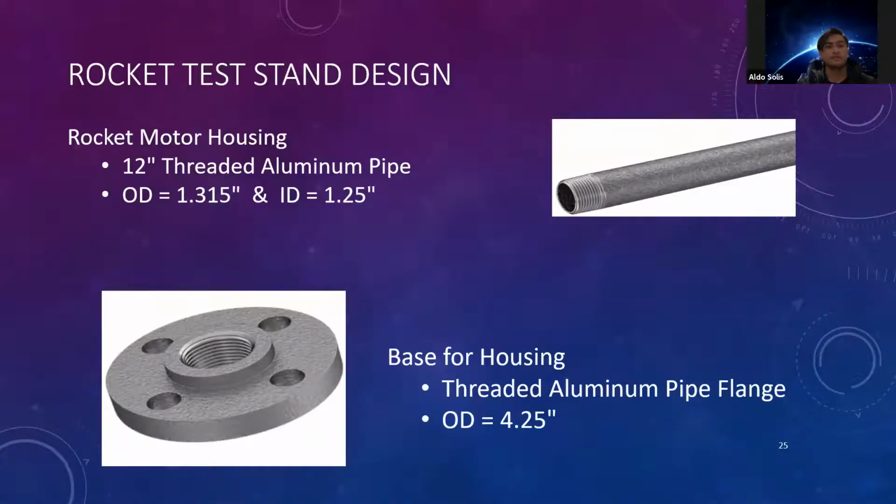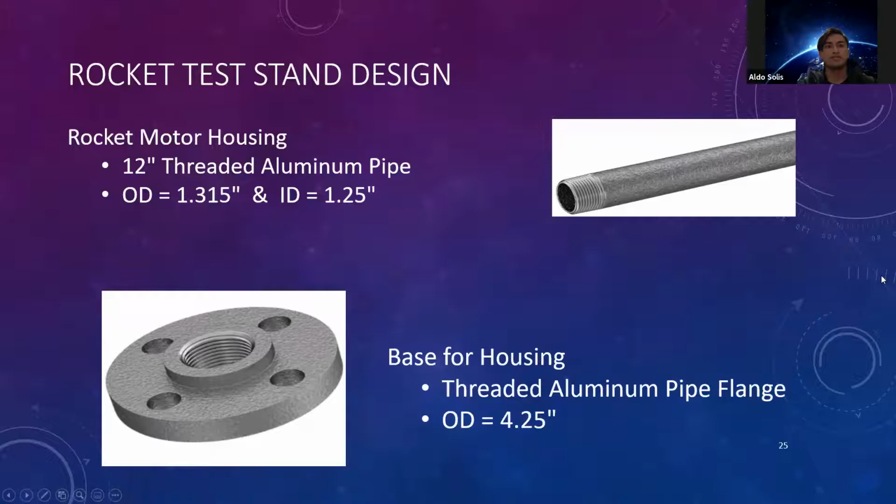Now, as for the design of the test stand, the rocket motor housing will consist of using a 12-inch aluminum pipe and an aluminum flange that will serve as a base for the rocket housing. The inner diameters will allow for the fuselage to be inserted upon testing.